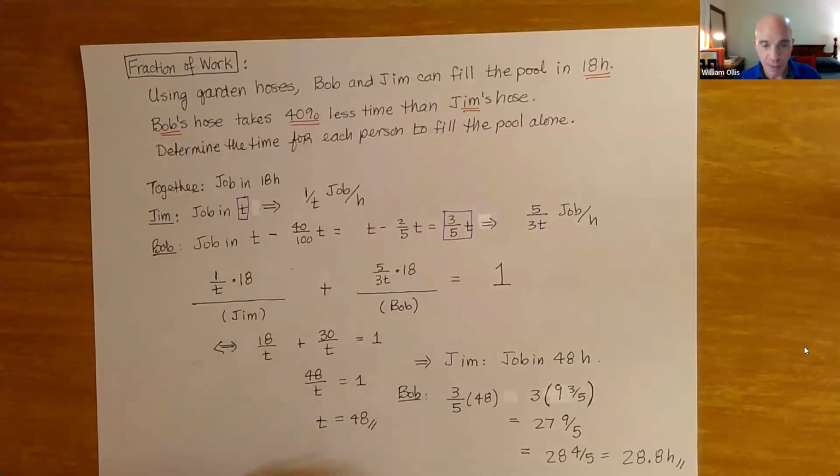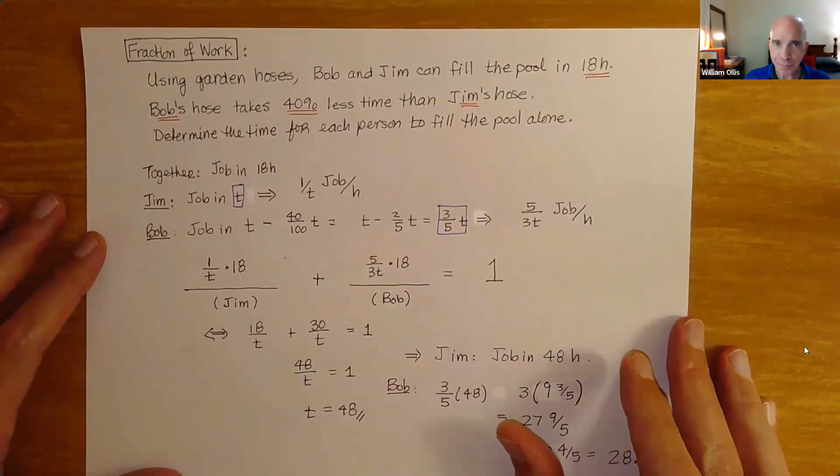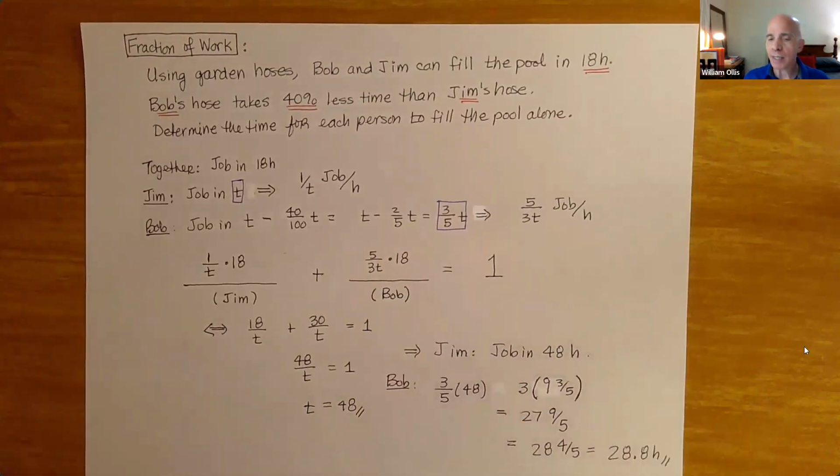Now, when it comes to fraction of work, we are discussing completing a job, okay? So we think of performing a particular job, one person or more than one person, 2 people, 3 people, whatever. So you've got more people contributing to completing the job, so the job should be done quicker.